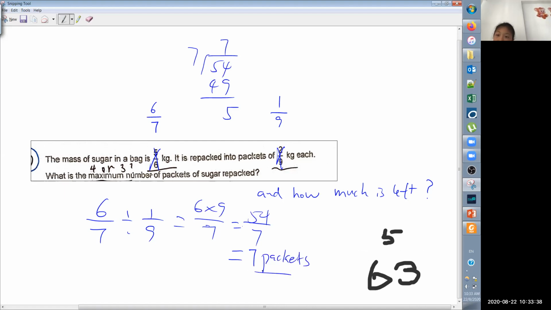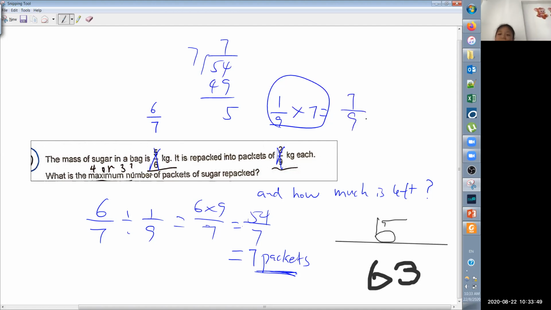So if you have 7 packets, you need to figure out what your 7 packets of this is. So 7 packets of this is 7/9. Once you get 7/9, what it means is your 6/7 minus your 7/9. So I think you are not right.